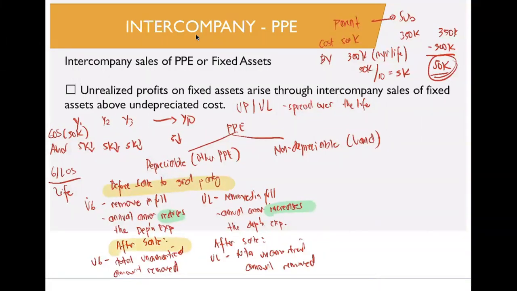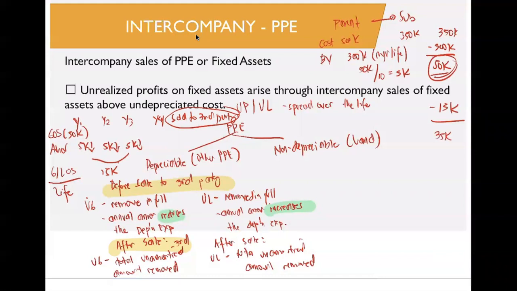What if it is sold to a third party? Let's say in year 4 it is sold to a third party. At year 4, the rule is that the total unamortized amount is removed. In years 1, 2, and 3 we amortized 15,000 of the 50,000. How much is left? 35,000.